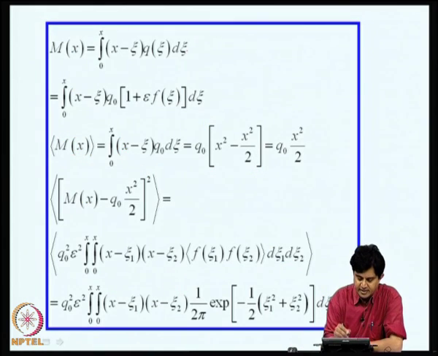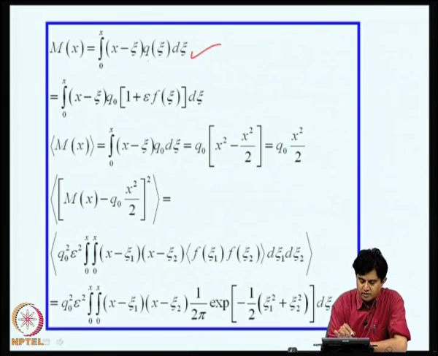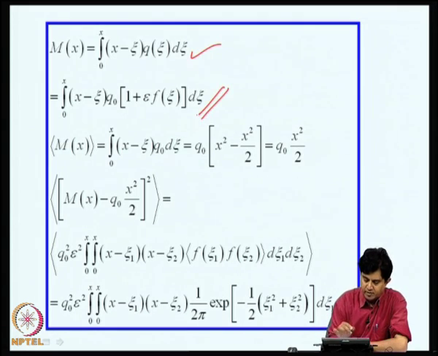Bending moment at that section can be easily found out. You find the bending moment due to an incremental load q of psi into d psi, take moment about that section, we get this and then integrate from 0 to x. Now you manipulate this expression, and we get the expression for bending moment to be this.